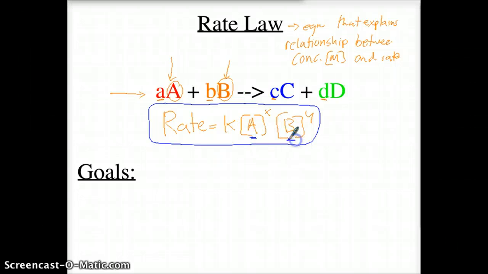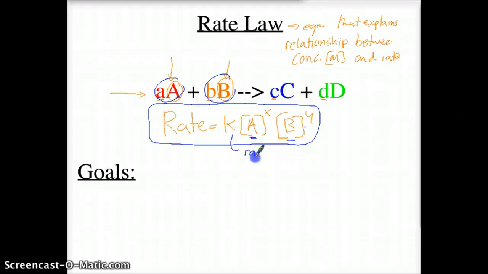Again, it has A and B because we have A and B as reactants. If there was only A, we would get rid of the B here and only have A. This allows us to calculate the concentration of any given reactant at any given rate.